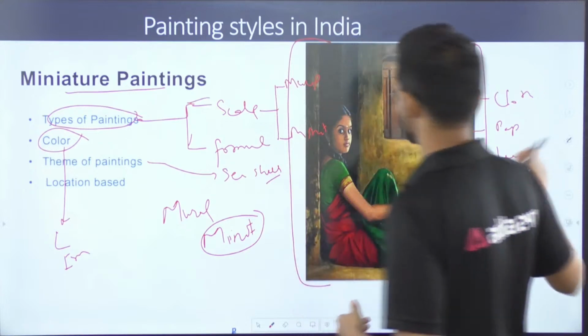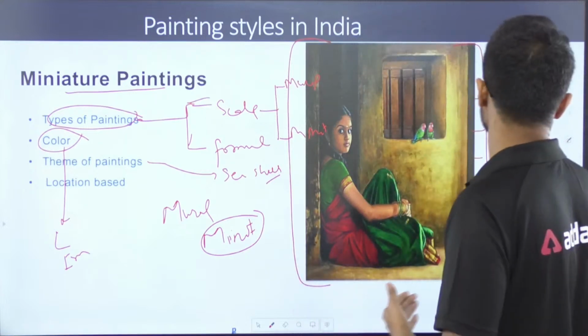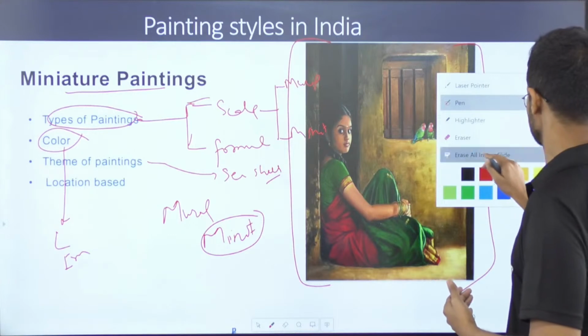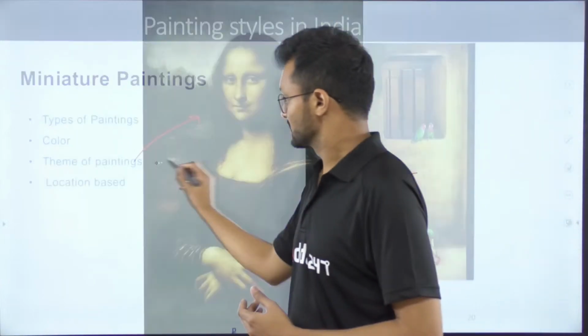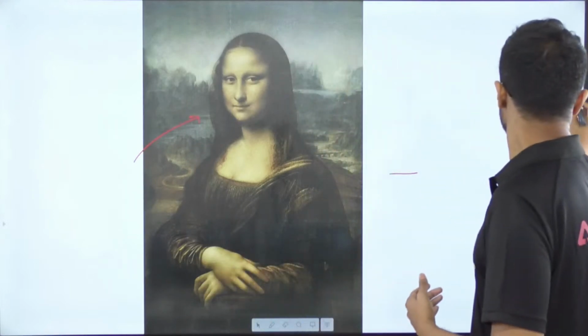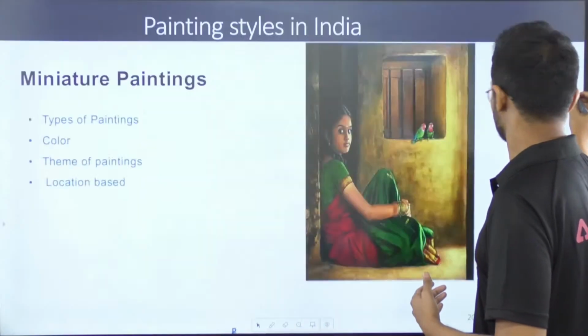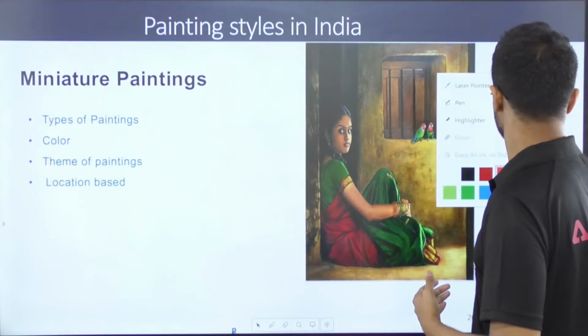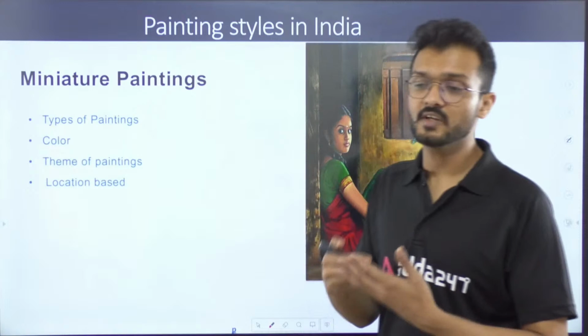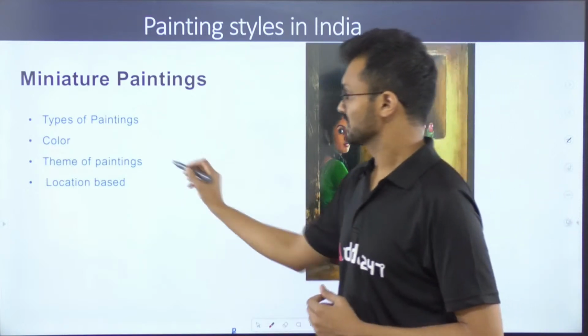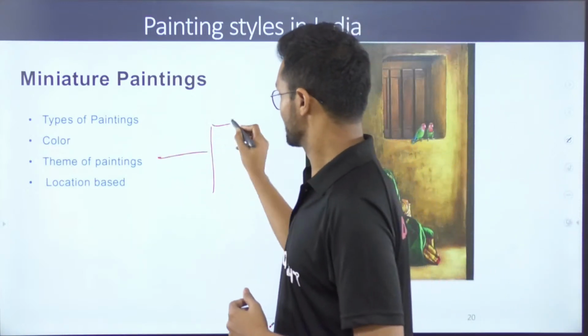Now the next thing is what themes of painting we generally draw. Themes are the subject matter that we draw in paintings. Okay, there are different subject matters in painting.